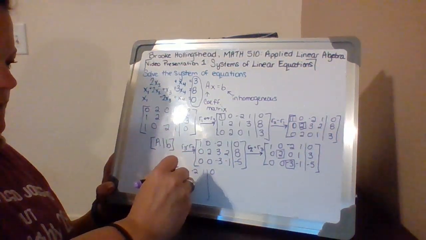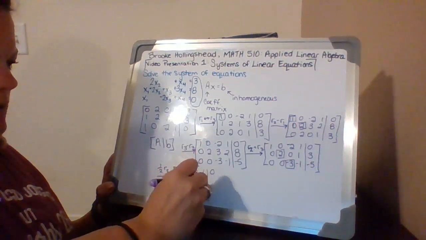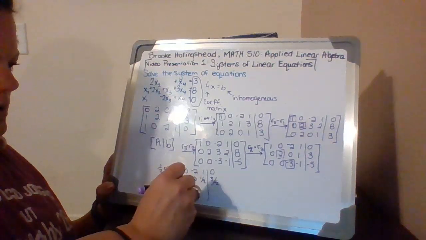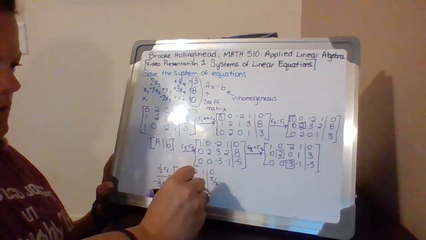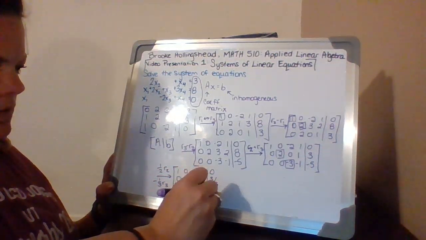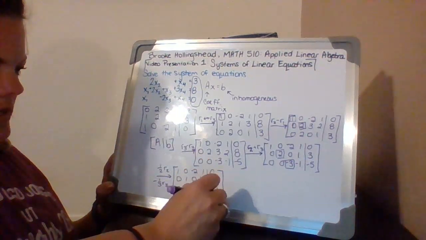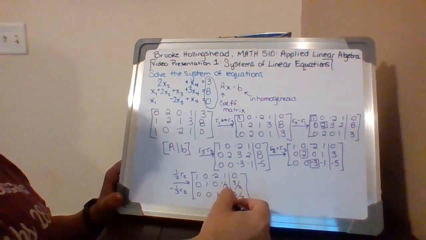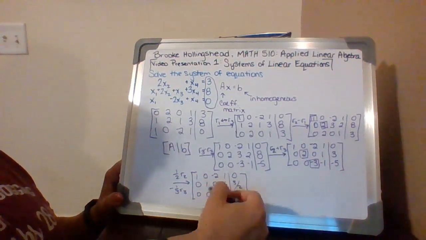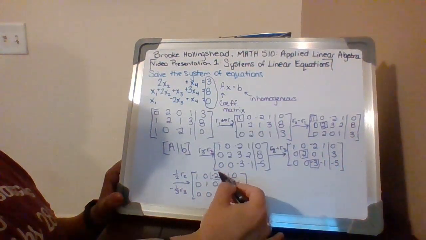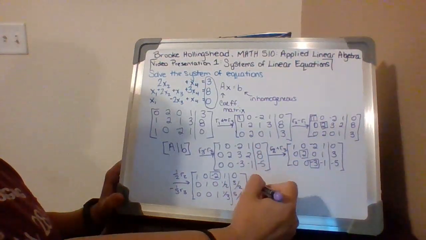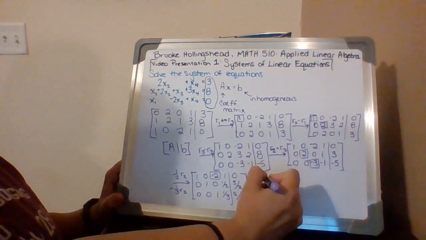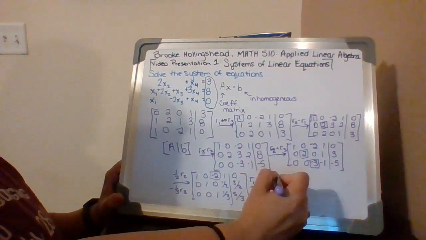Okay, a half, -1/3, -1/3, -1/3. Okay, last thing I need to do, now I'm at my last step: I have my leading terms being 1, and everything above and below is 0 except this one, so I'm just going to fix that by adding row 3 to row 1.